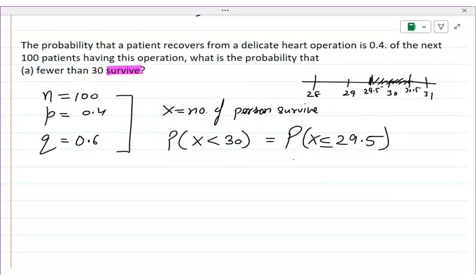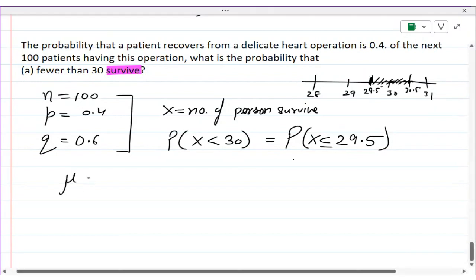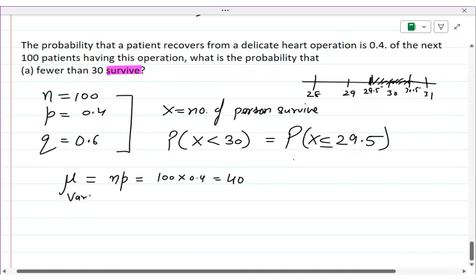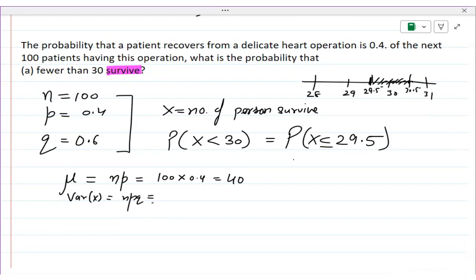Now we have to find the mean and the variance. Mean is NP in the binomial distribution. N is 100, P is 0.4, so the mean is 40. Variance is NPQ. NP you have already found, 40, and Q is 0.6.